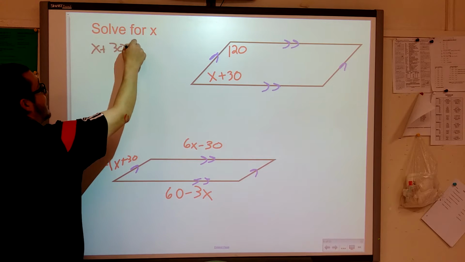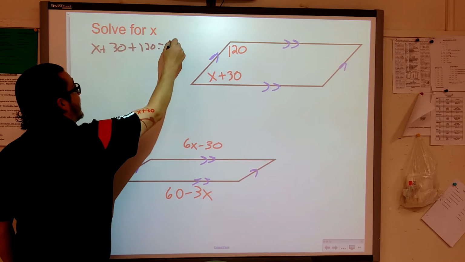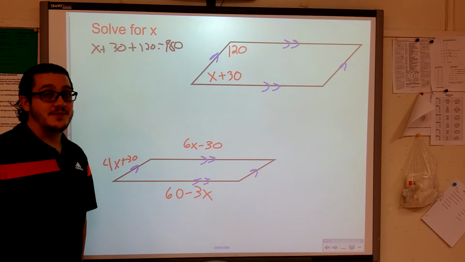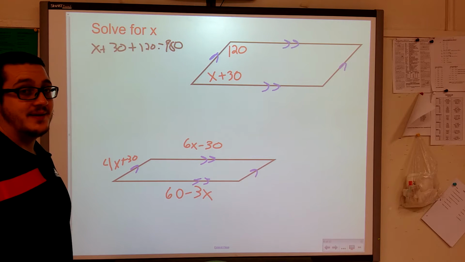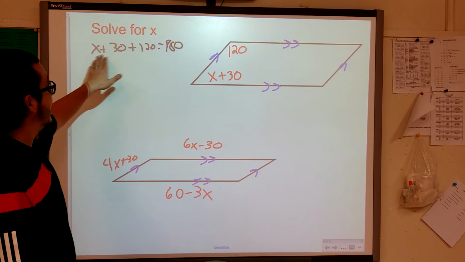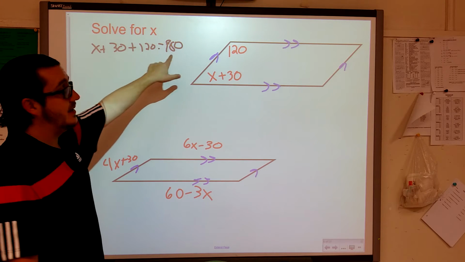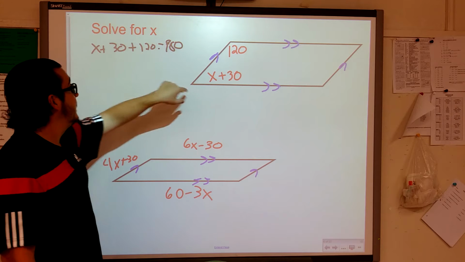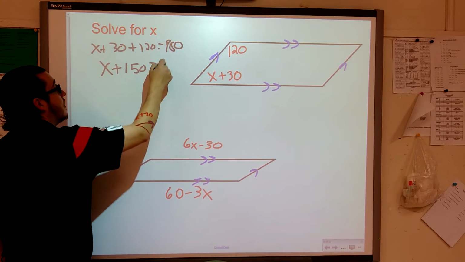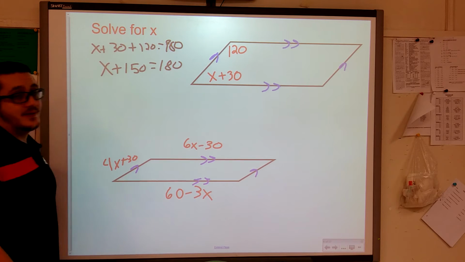x plus 30 plus 120 equals 180. These angles are supplementary. 30 plus 120 is 150. So x plus 150 equals 180.